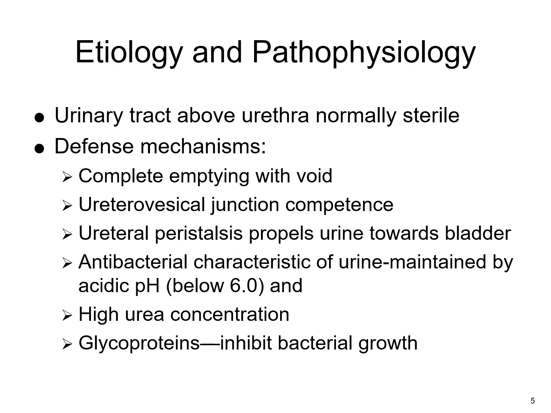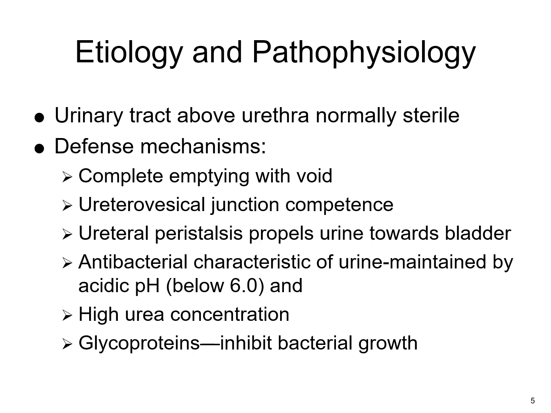So the urinary tract above the urethra is normally sterile, and we are able to keep this environment sterile because of several different types of defense mechanisms. So we make sure that the patient voids completely from the bladder, right? There's what is known as a uretero-vesical junction competence, and there's ureteral peristalsis that propels urine towards the bladder.